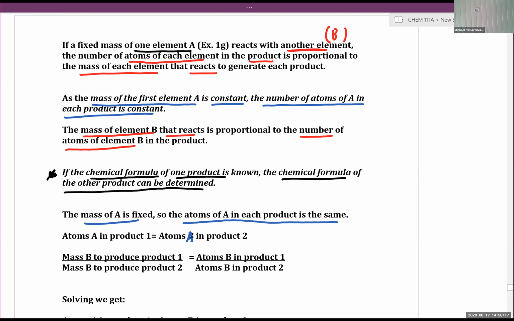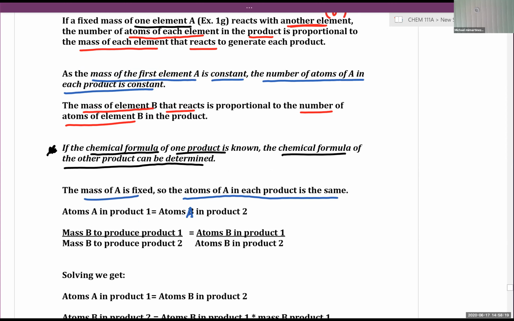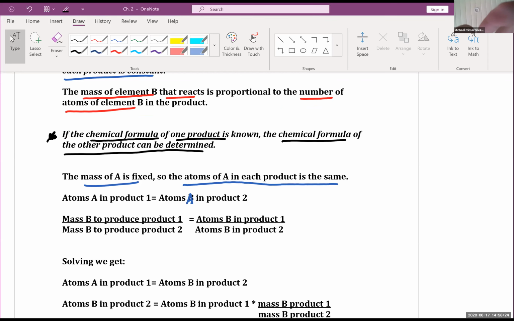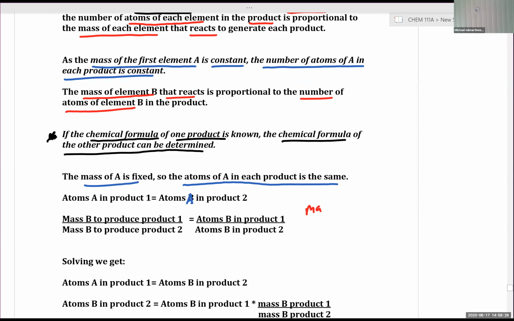Further, we also know that the mass of element B is proportional to the atoms of B. So if we take the ratio of the mass of element B that reacts, that ratio is equal to the ratio of atoms of element B in the product.